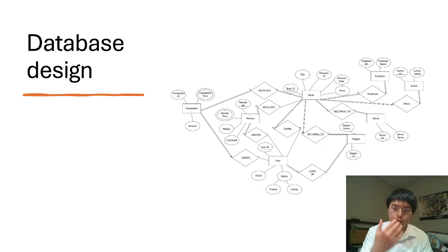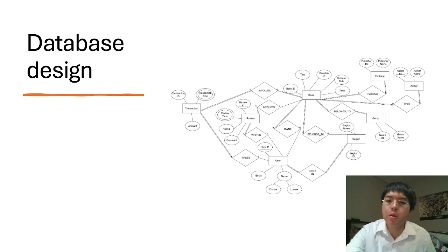Books by a specific publisher, books by a specific author, what the books are under one genre or two specific genres, and, most importantly, books that are under certain regions.